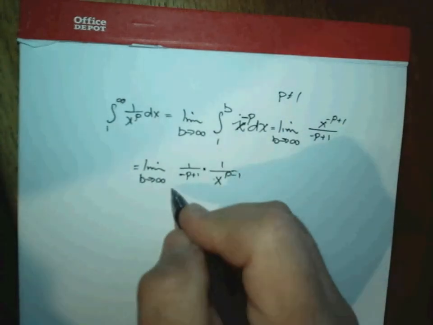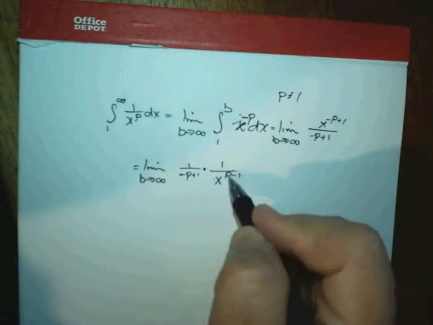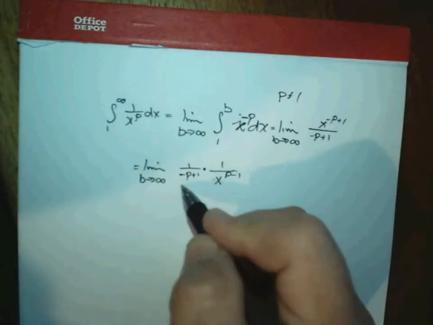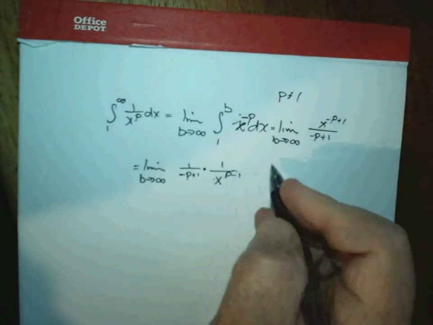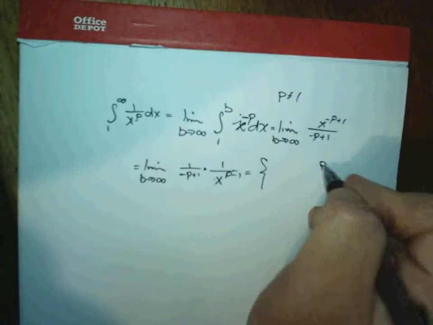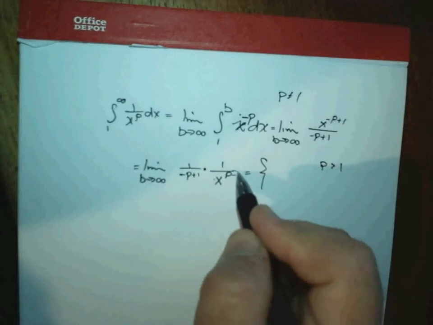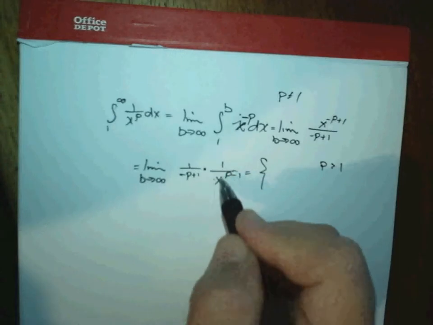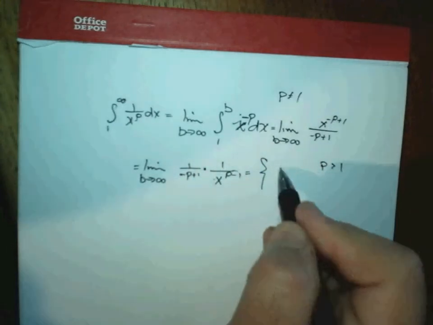Now, what does this equal in limit? Well, it really comes down to what the value of p is that determines whether this limit exists or not. If p is bigger than 1, then this is a positive power. And this infinity, therefore, stays in the denominator, driving everything to 0.